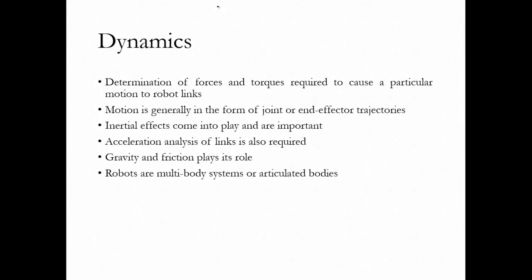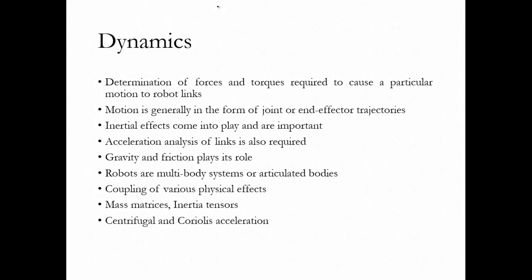Robots, apart from other kinds of rigid bodies, are multi-body systems or articulated bodies. They're connected bodies, so each body's motion has an impact on the other bodies. So there are coupled physical effects: we have mass matrices, inertia tensors, and centrifugal and Coriolis accelerations.